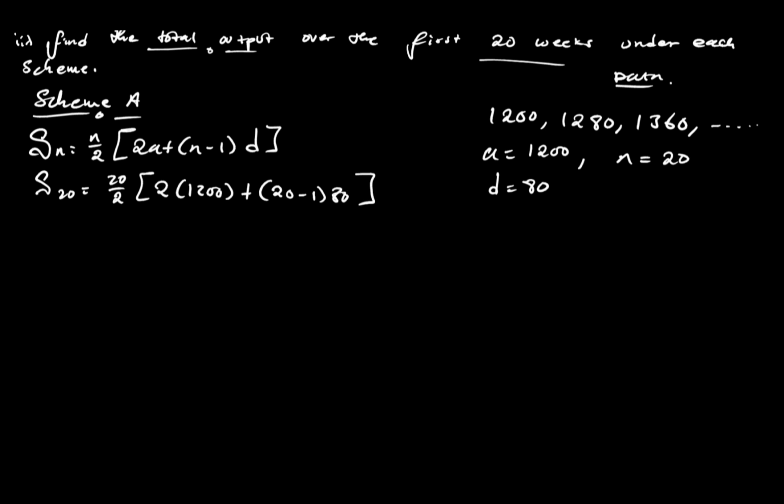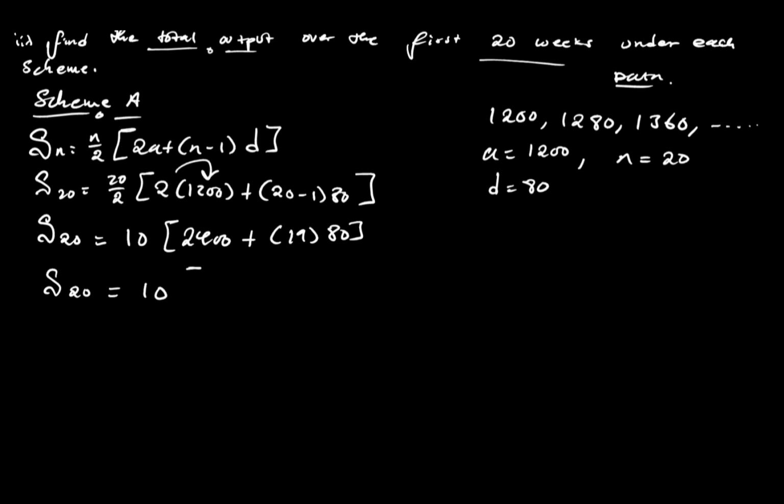All right, so sum in the first 20 weeks will give us 10 here. Then 2 times 1,200 will give us 2,400, plus 19 times 80. What is 80 times 19? That gives us 1,520.